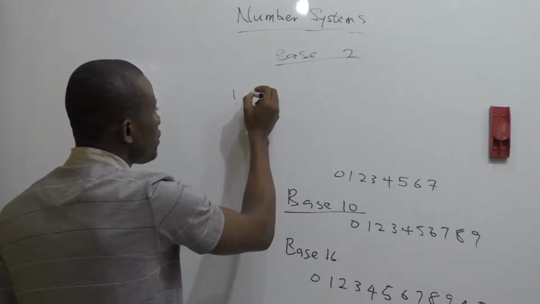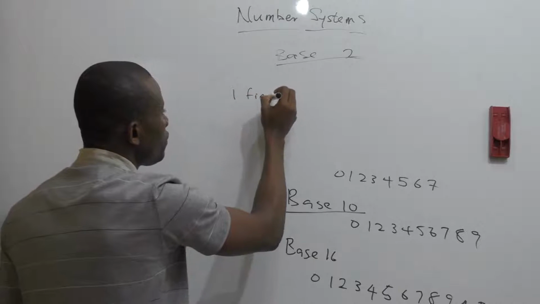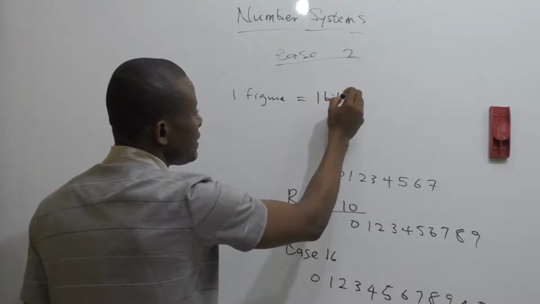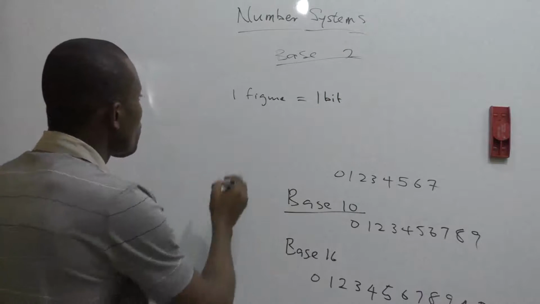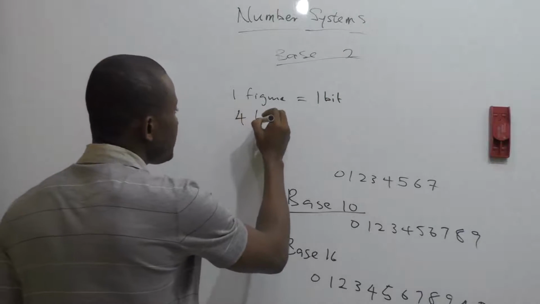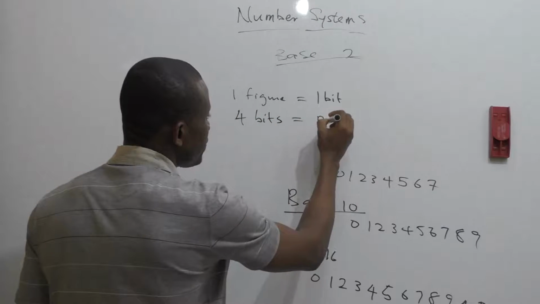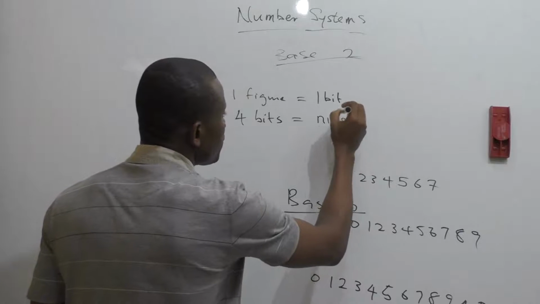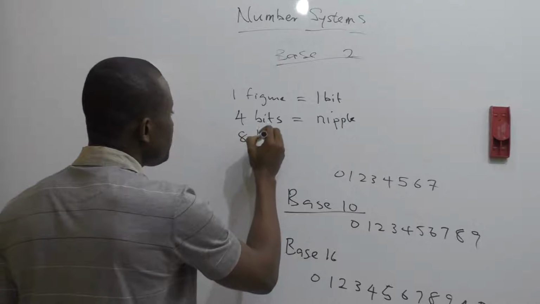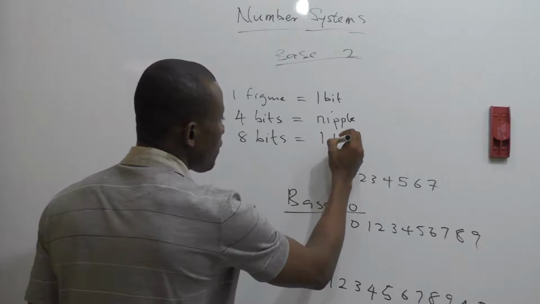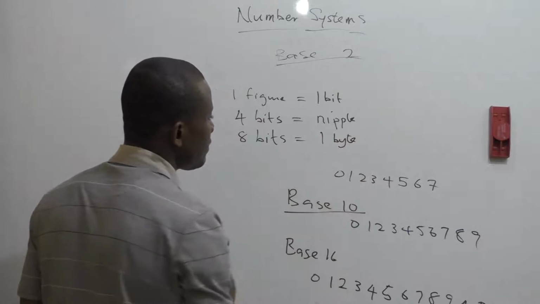One figure equals 1 bit. 4 bits is sometimes called a nibble, but it's not normally used. We have 8 bits, you guessed it right, is equal to 1 byte.